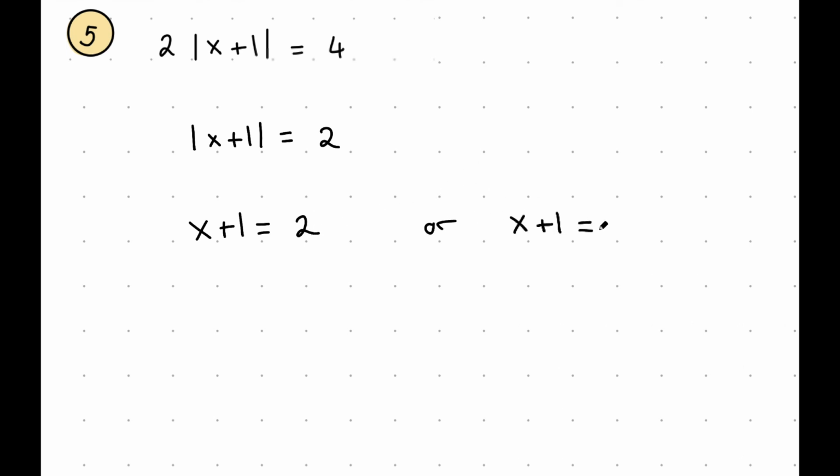And that again is a property of the modulus. And there is a long way you can do it and work out why it is plus or minus that, but this is the nice and short way of doing that. So then I'm going to take away 1 from both sides, and I'm going to get x is equal to 1, and x is equal to minus 3. And that's that for the modulus questions.